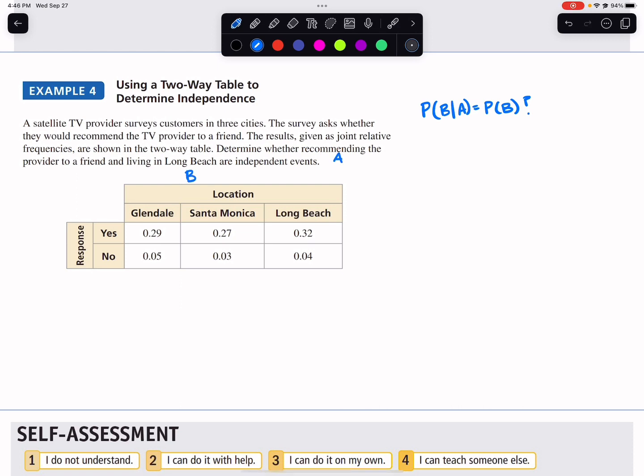B is Long Beach. So probability of B given A, Long Beach, given yes, they would recommend, is the probability of both. So Long Beach given yes, 0.32.